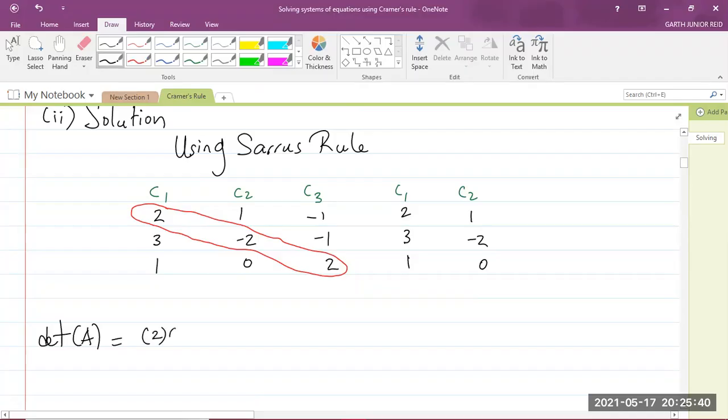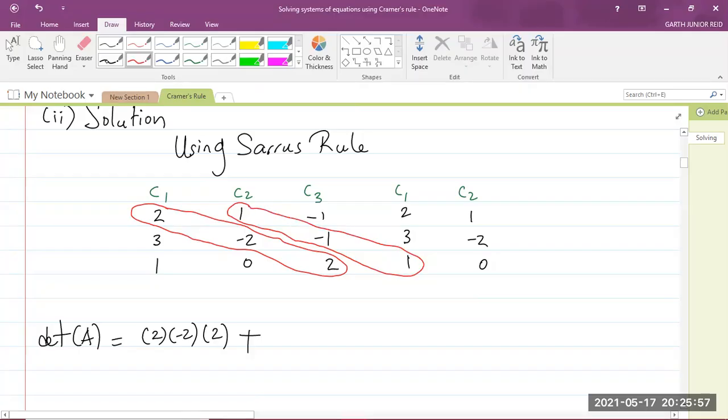So that's 2 times negative 2 times positive 2, plus the other diagonal, which is 1, negative 1, and positive 1.